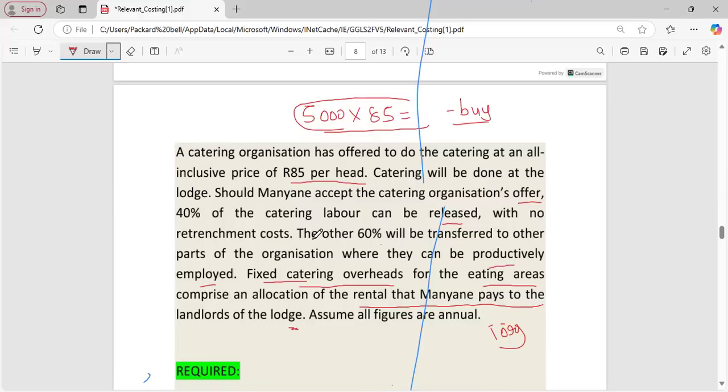Which one is going to be relevant, 60% of the labor or 40%? 60% is relevant, I think.